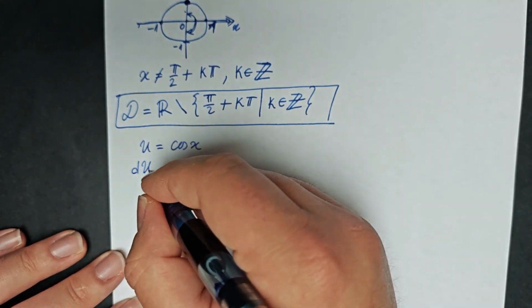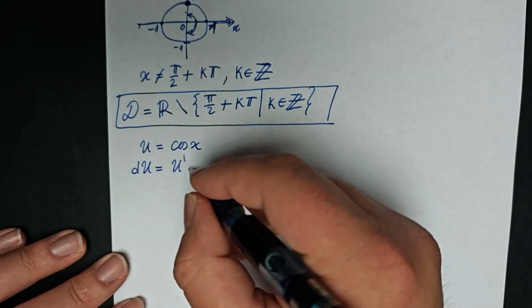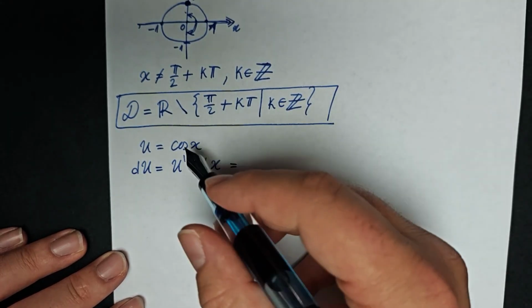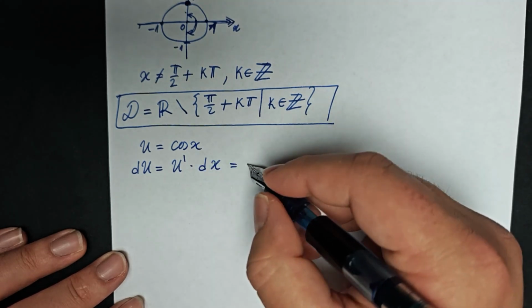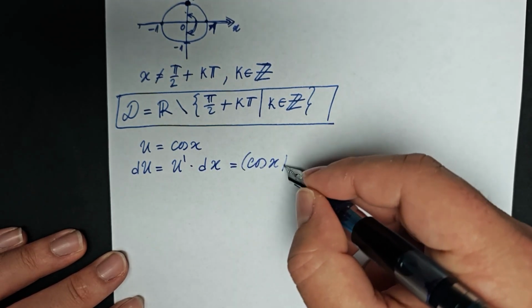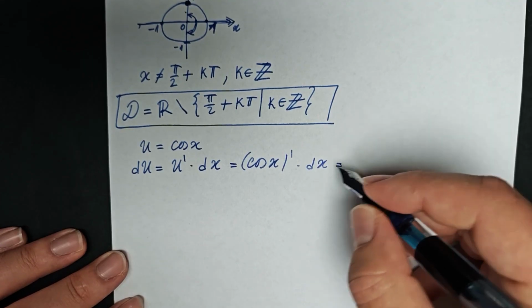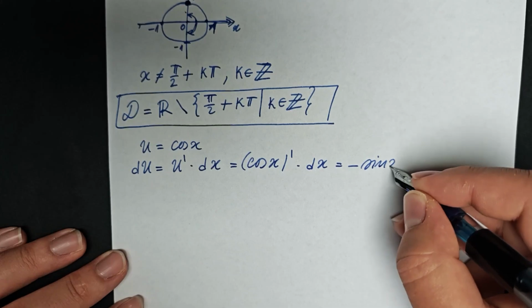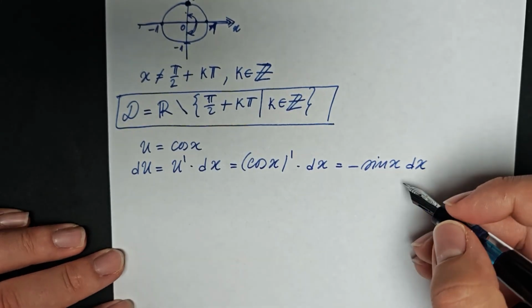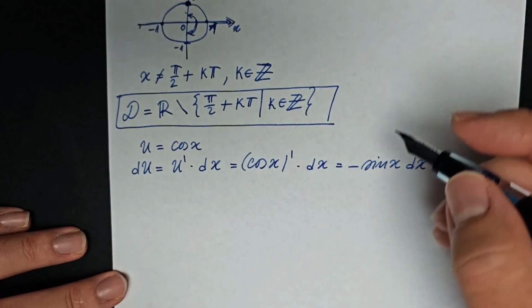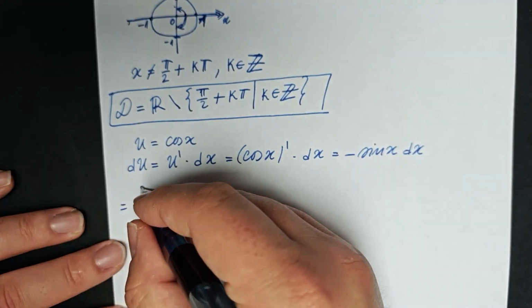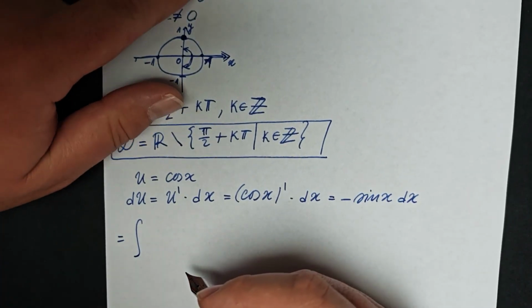The differential of u is equal to the derivative of u multiplied by dx, the differential of x. The derivative of cosine of x is negative sine of x, dx remains. This integral here then becomes an integral of sine x dx.